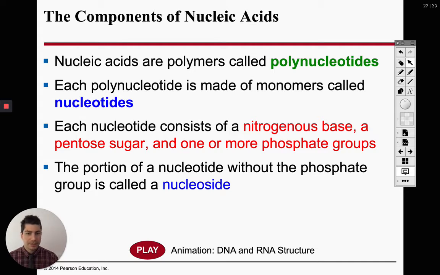This slide is pretty much the same thing we just went over. We got our polymers on there, polynucleotides, DNA, RNA, that type of thing. They're made up of nucleotides, and we went over the different parts here. Now, we're going to go over the difference between a nucleotide and a nucleoside.